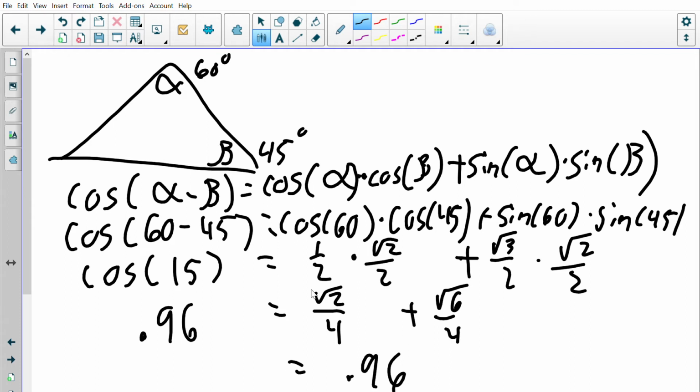So before calculators were invented, this would have been the furthest that they could have gone. But this is how we started our process as a society to getting to cosine of 15.